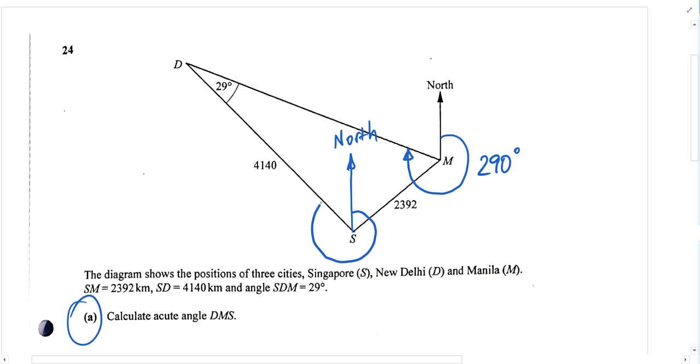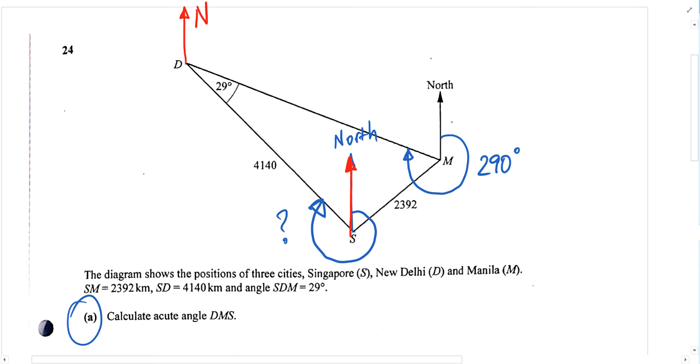And this is the bearing that I require. Okay, so when you have bearing questions, you can be sure that you are expected to draw in all these north arrows at all these points. And the thing about them is that they are all parallel.